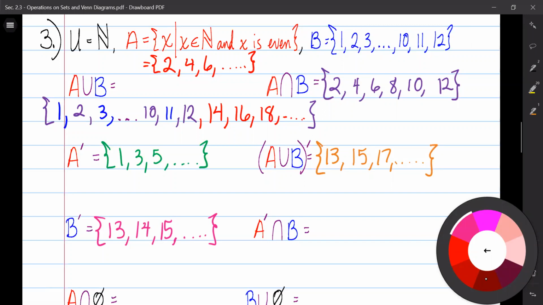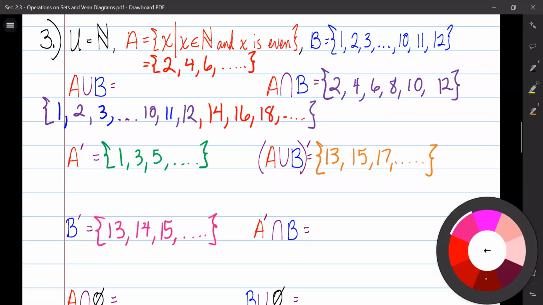All right, and then next we have A complement intersected with B. Okay, so again, if we hadn't already defined A complement, it would probably be helpful to do so first.